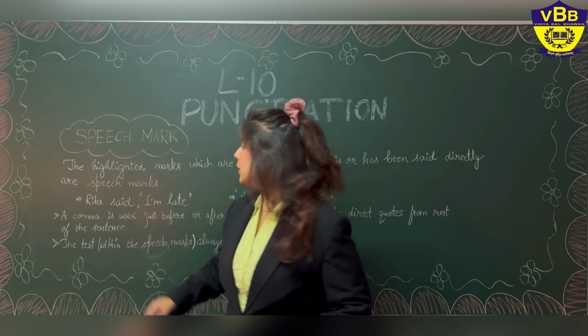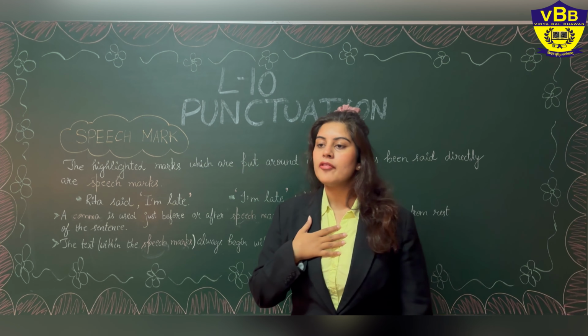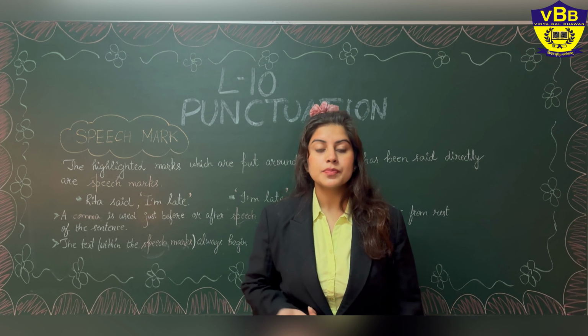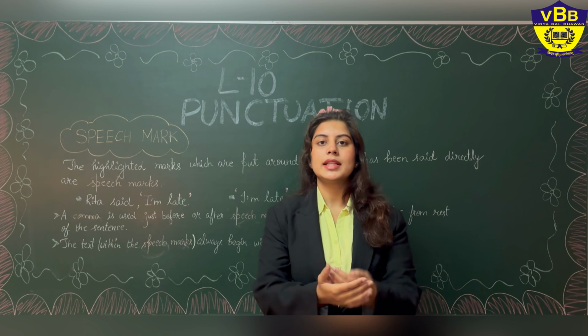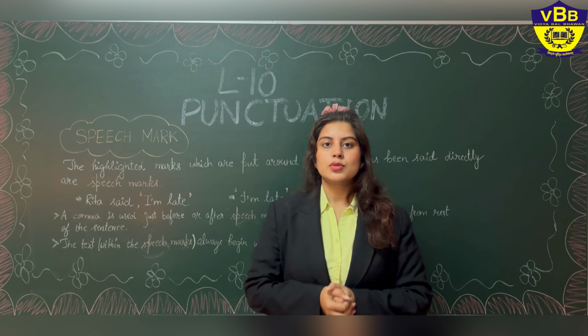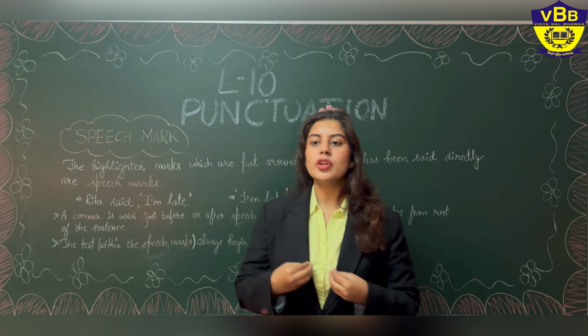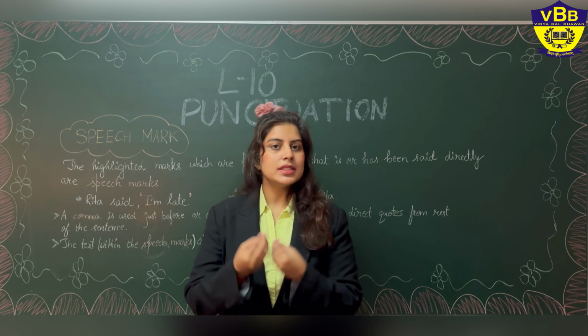What happens when you are having a sentence? For example, if I am saying, "Everyone open your textbook." When you are going to tell this sentence to others, how can you say it? Hasni ma'am said, "Everyone open your textbook," right? When you are saying it verbally, you can just say it like that.